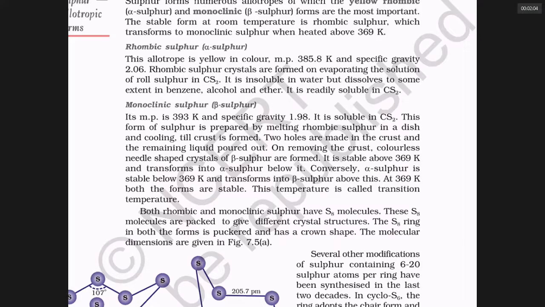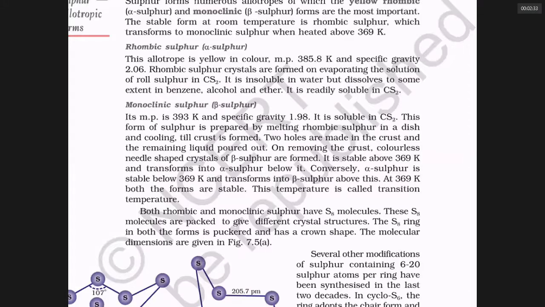Whereas monoclinic sulfur is made from rhombic sulfur, and it has a little lower melting point. Monoclinic sulfur looks like needle-like crystals, and this is stable above 369 K, whereas rhombic sulfur is stable below 369 K. That 369 K is called the transition temperature.